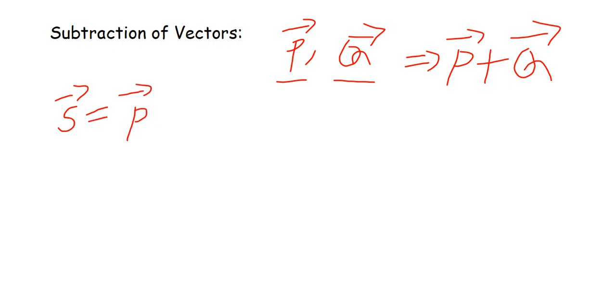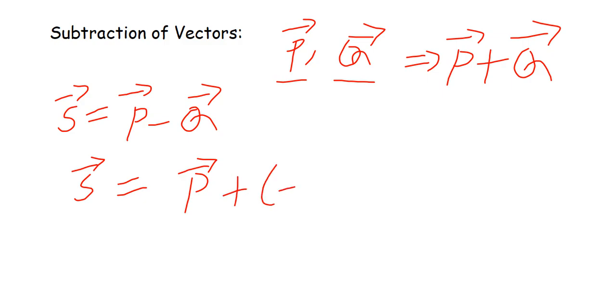Here the vector q bar is subtracted from p bar. The next form is S bar equals p bar plus minus q bar. This is also called subtraction of vectors.